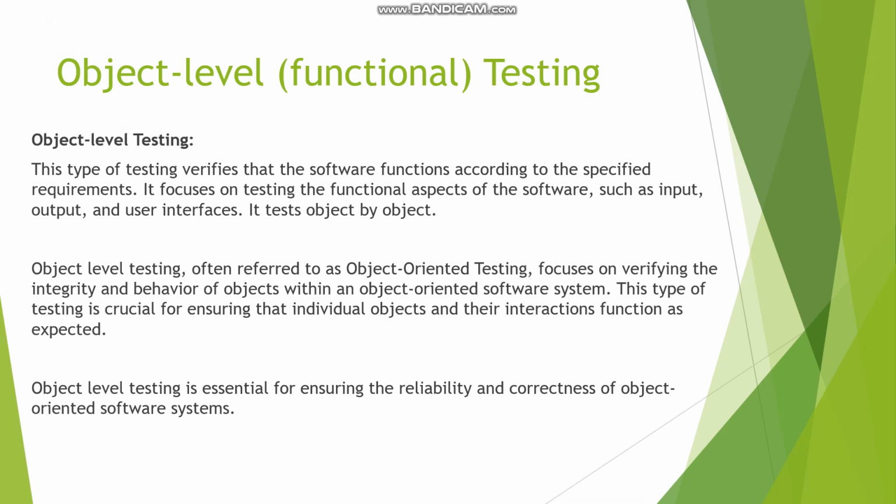Object level testing, often referred to as object oriented testing, focuses on verifying the integrity and behavior of objects within an object oriented software system. This type of testing is crucial for ensuring that individual objects and their interactions function as expected. Object level testing is essential for ensuring the reliability and correctness of object oriented software systems.